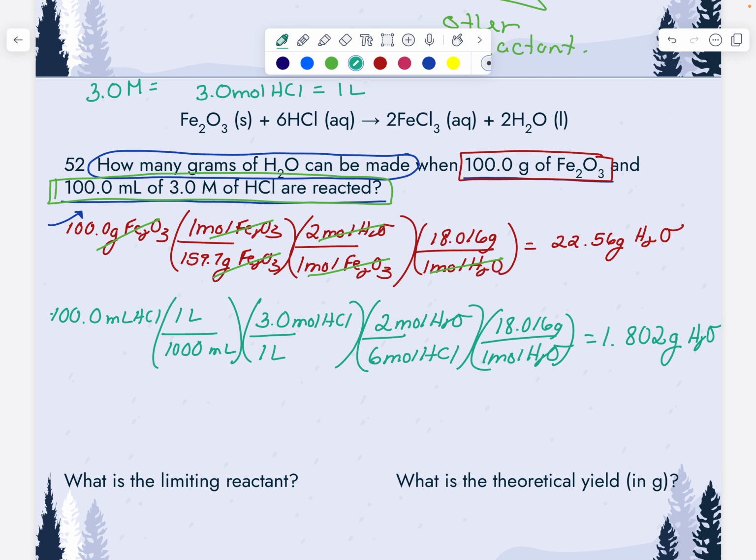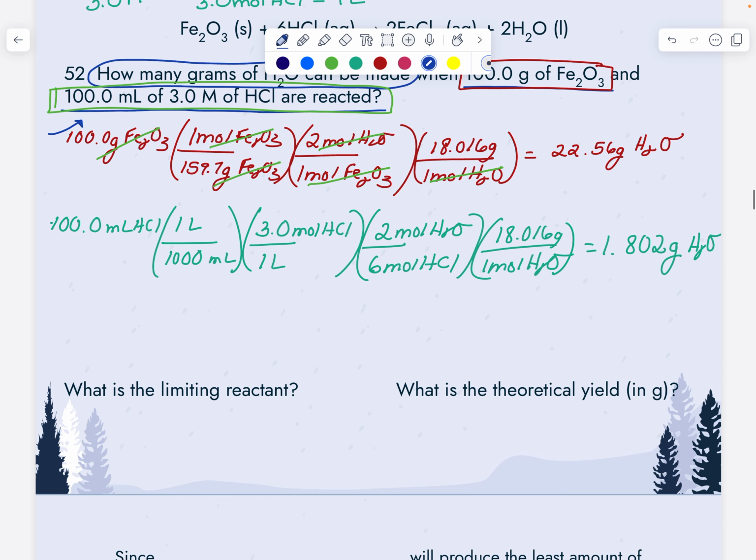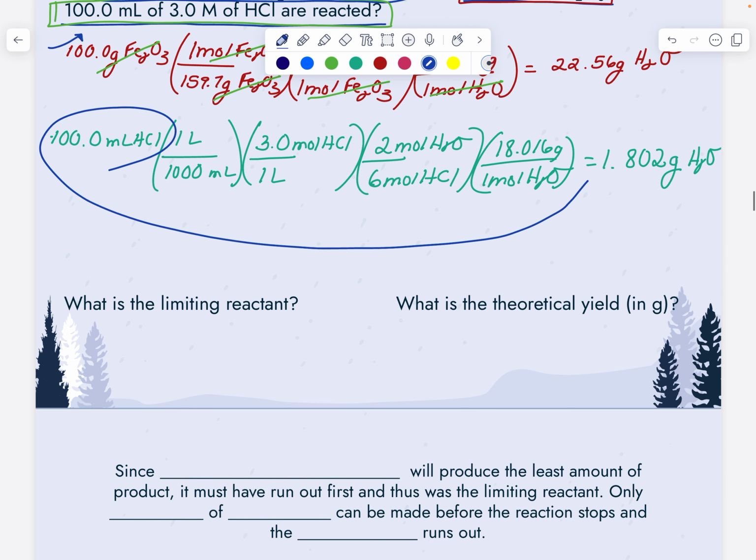Well, that's much less than 22. So which reactant was my limiting reactant? That was the reactant that gave me the least amount of product. So my limiting reactant was that 100.0 milliliters of the 3.0 molar HCl, and the theoretical yield is 1.802. This number just has 2 significant figures, so I'm going to round that to 1.8 grams of H2O.